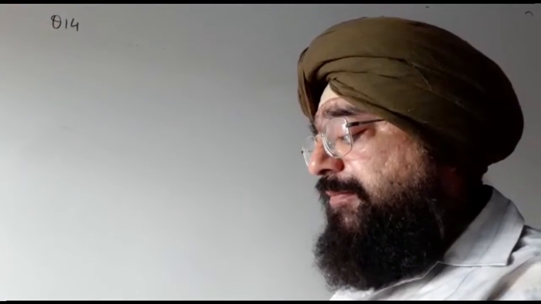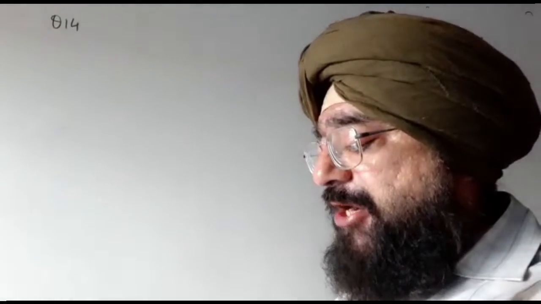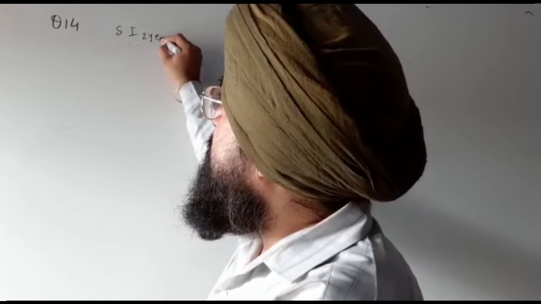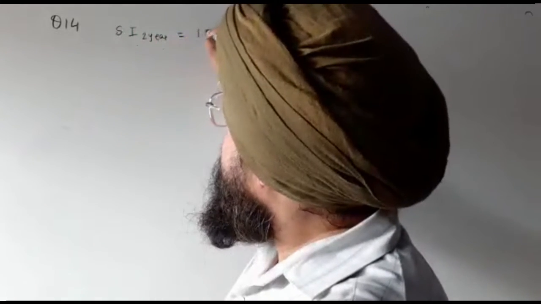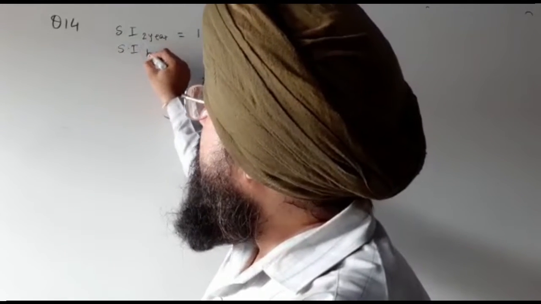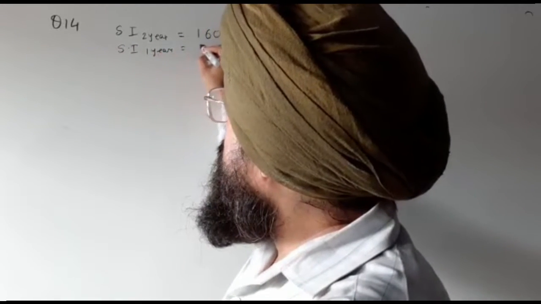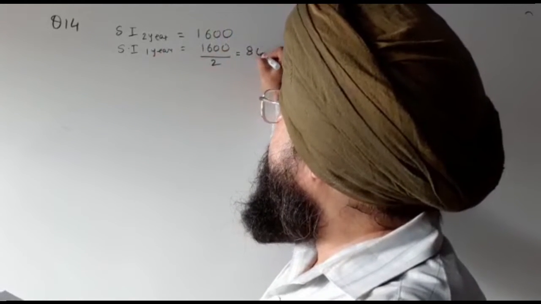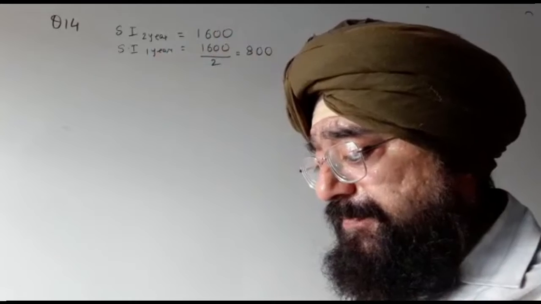From exercise 2.1, it says the simple interest on a certain sum of money for 2 years at 10% per annum is 1600. Simple interest for 2 years, if given, equal to 1600, therefore simple interest for 1 year will be equal to 1600 upon 2, and that is equal to 800, isn't it?